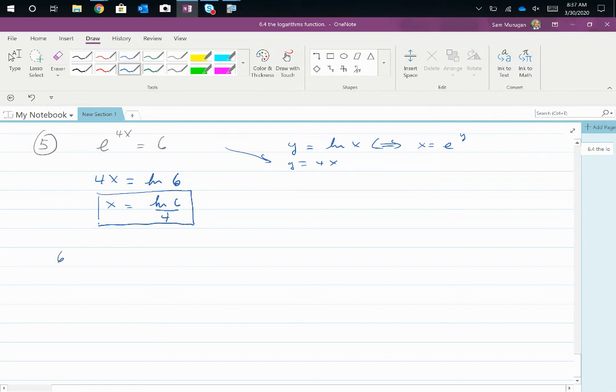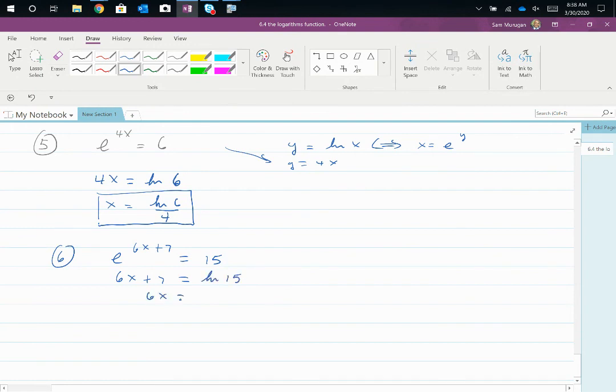More examples. e to the power 6x plus 7 is equal to 15. So rewriting as a logarithm, we have 6x plus 7 is equal to natural log 15.